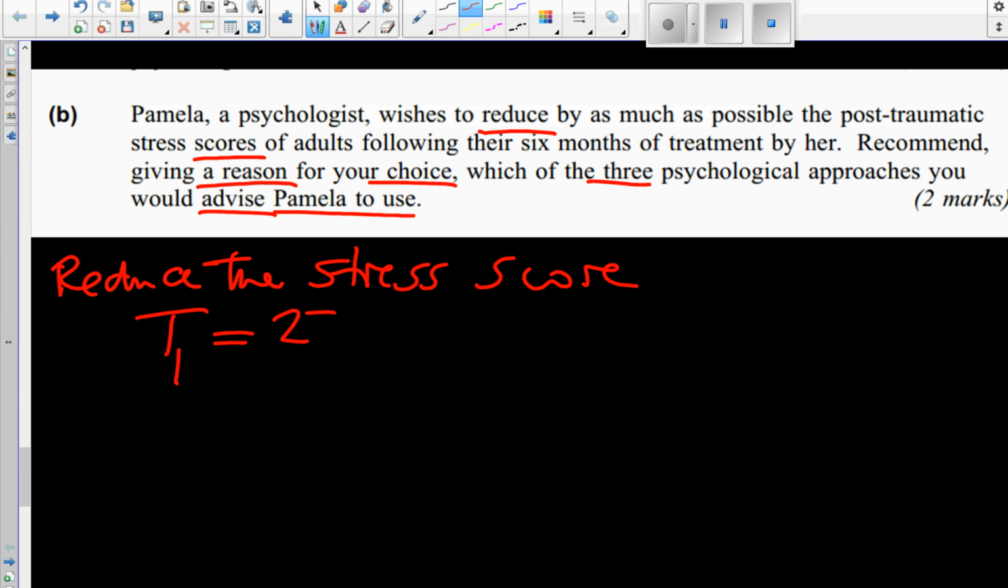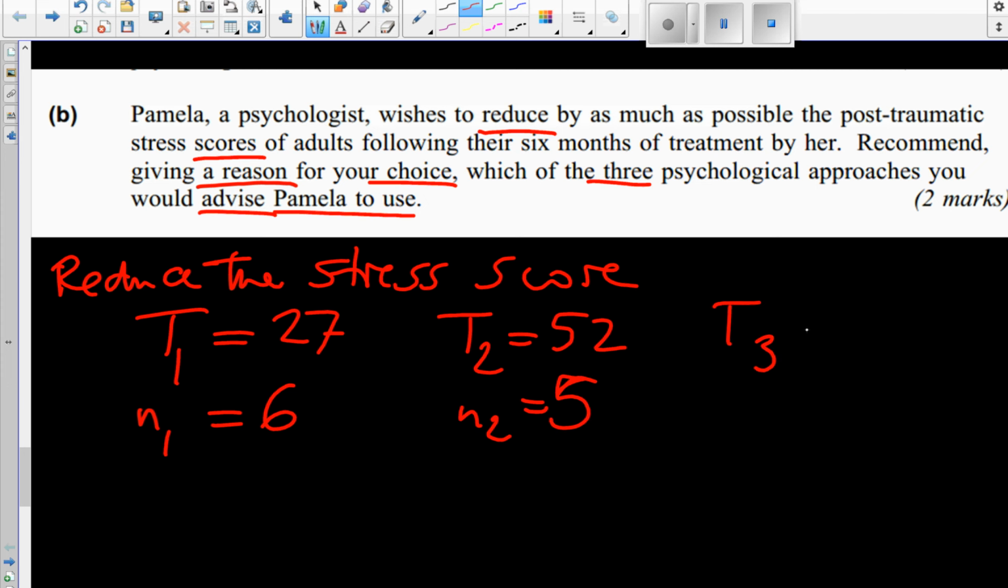So if you've got a lower ranking, you've got on average a lower stress score. If we look at the first one here, T1 had a combined sum ranking of 27, and there were N1 in the sample. In T2 we had 52 and N2 was 5 in the sample, and T3 was 58, sorry, correction, 57, with N3 equals 5.